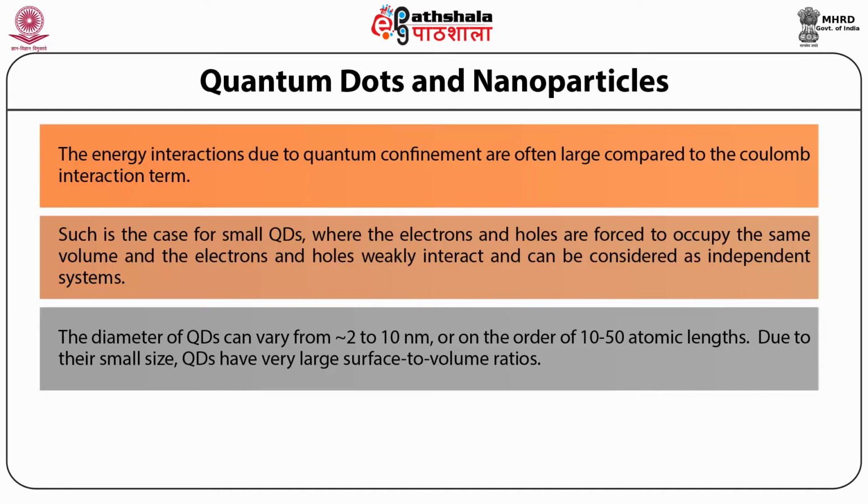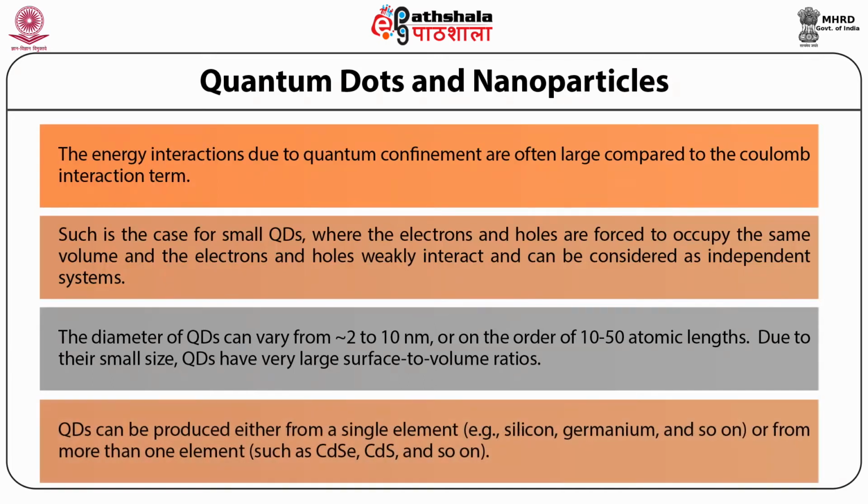Due to their small size, quantum dots have a very large surface to volume ratio. As a result, they have properties somewhere between individual atoms or molecules and bulk materials. Quantum dots can be produced either from a single element or more than one element.